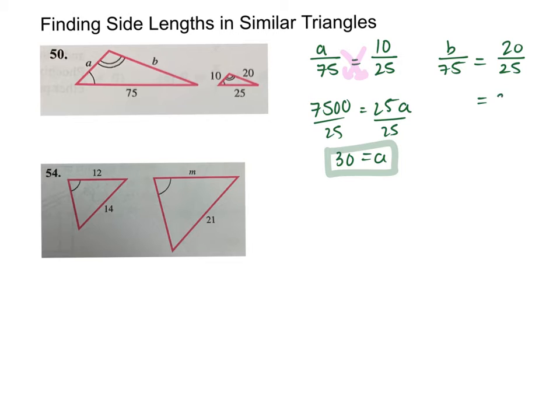Let me write it, 25 in front. And then the other side would be 75 times 20 gives me 1,500. And so now I divide the 25 over to both sides. B is equal to 60.